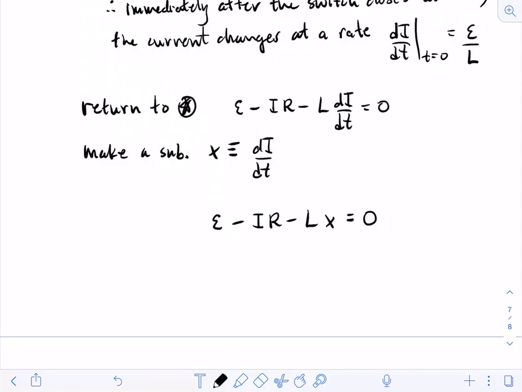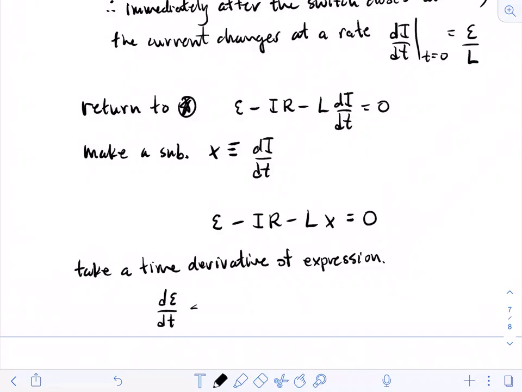It's not obvious why we did that just yet, but now the next step is to take a time derivative of our expression. Let's note the following. The battery voltage, or EMF, is constant, so it doesn't change with time.